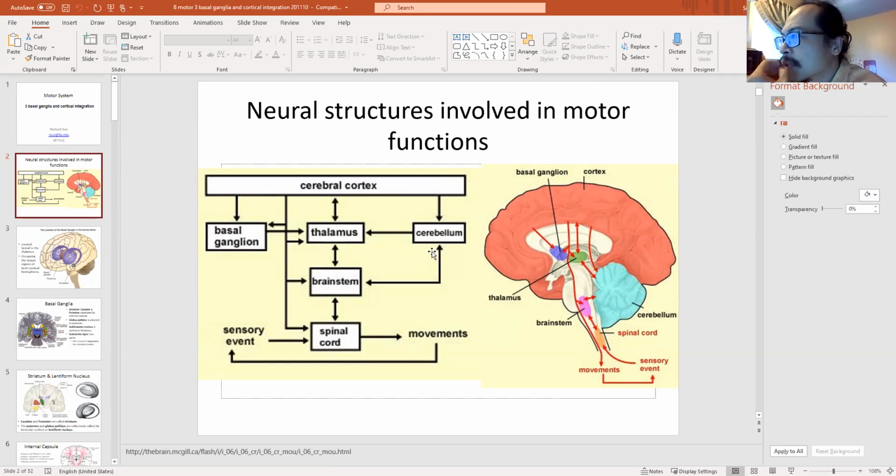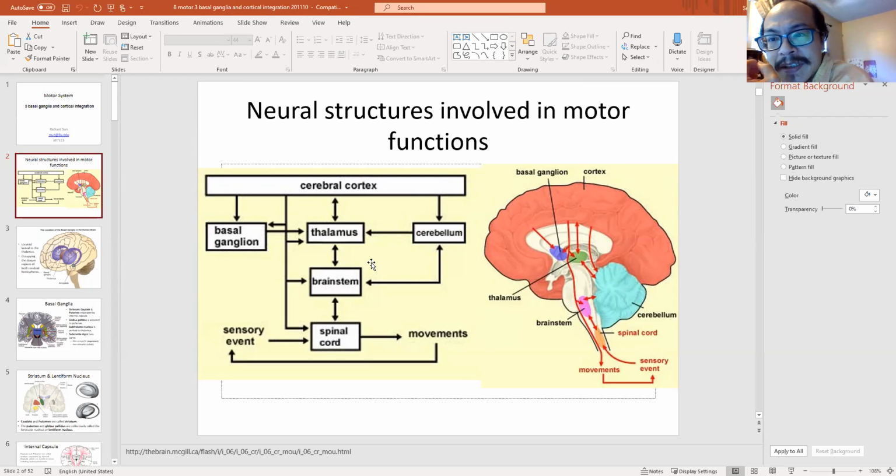These deep nuclei basically either send signal back to the brain or send signal to control those three supraspinal tracts initiated from the brainstem. So that's that.